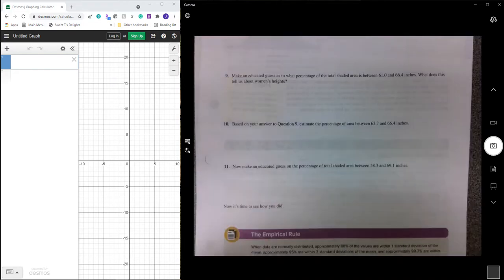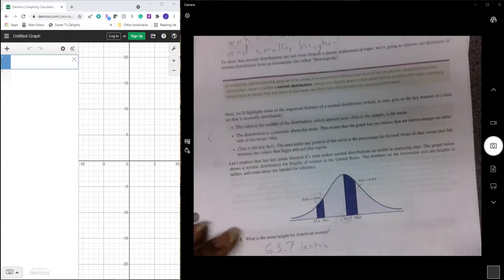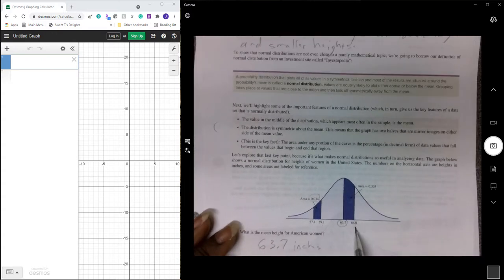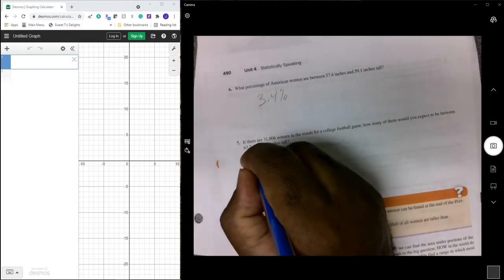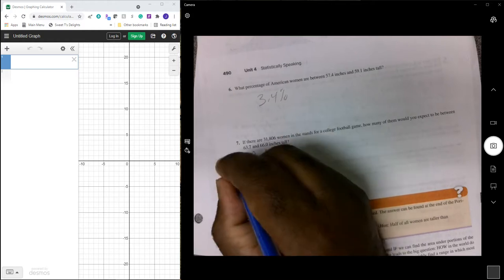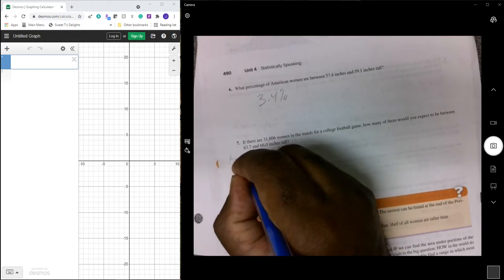Now, it says if there are 31,806 women in the stands for a college football game, how many of them would you expect to be between 63.7 and 66 inches tall? So first, let's find that percentage. 63.7 to 66 inches, and the area is 0.303. So it'd be 0.303, and that is the area.